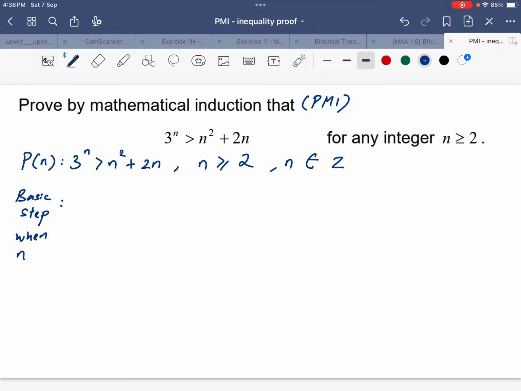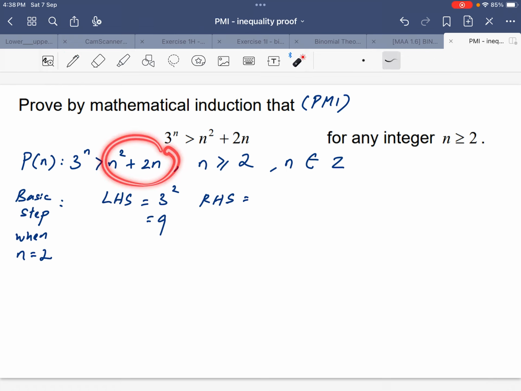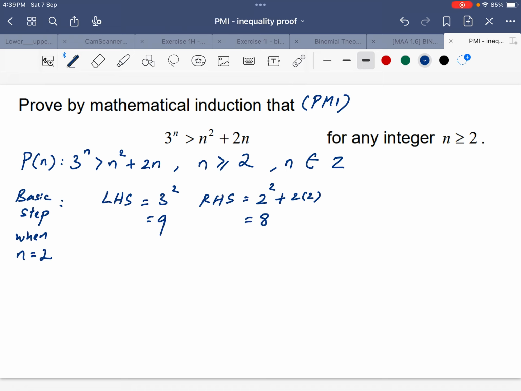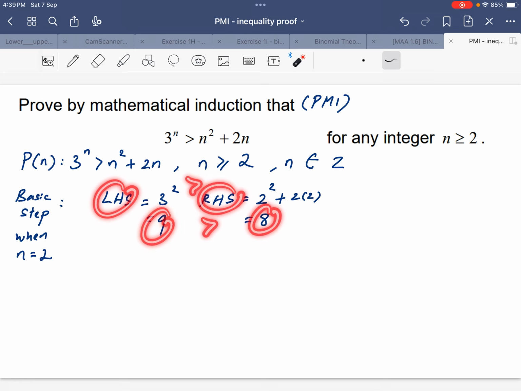So when n equals to 2, on the left hand side, 3 squared, you replace n with 2, that will be 9. On the right hand side, replace the n with 2, that will be 8. 9 is greater than 8, left hand side is greater than right hand side.